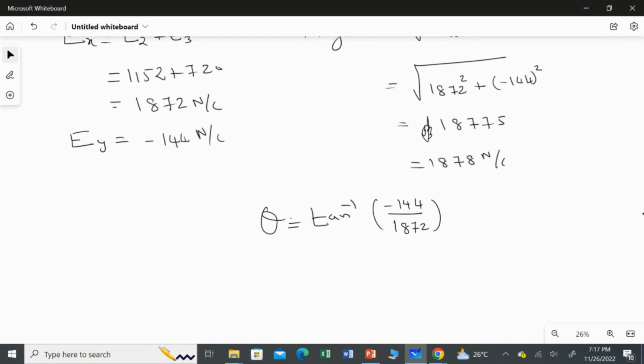Tan inverse of minus 144 over 1872. We got the answer as minus 4.398. So I can write this as minus 4.4 degrees. So it exactly says this is in the fourth quadrant.